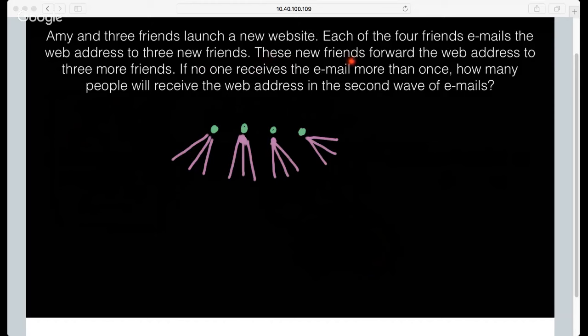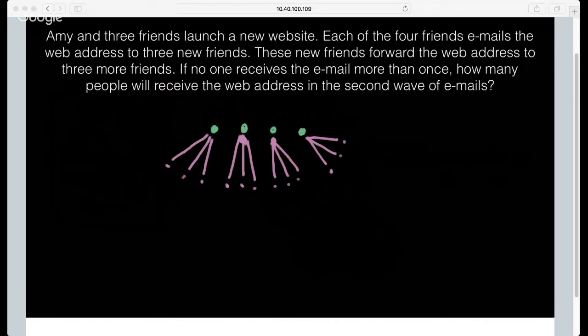These new friends... I need to draw them. So here are the new people that get the websites. These new friends forward the web address to 3 more friends.